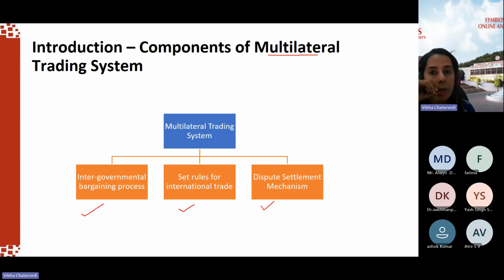Now, at that point in time, the trade was only in tangible goods. There were no services. It was absolutely non-existent. So what GATT dealt with mostly at that time was trade in goods.